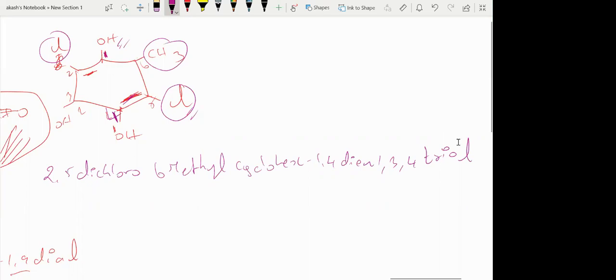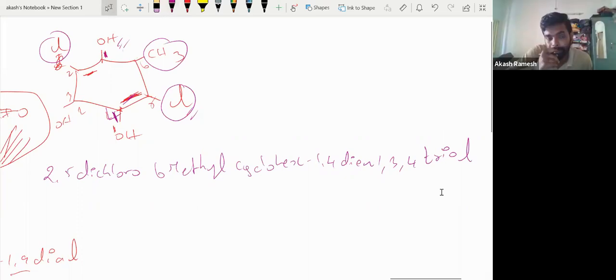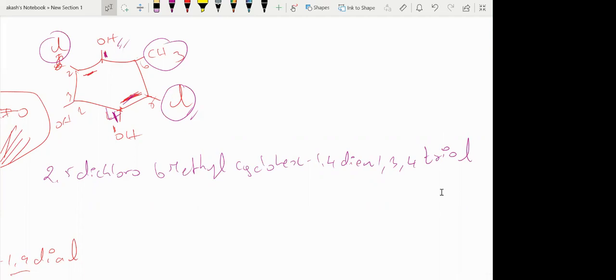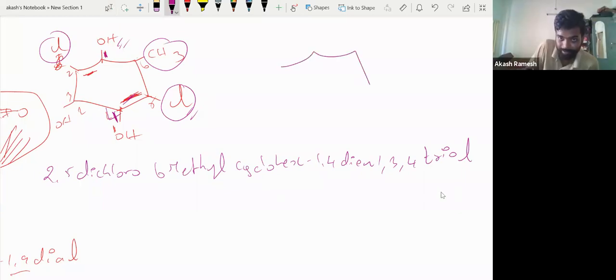Anybody else? Yeah, go on. Sir, is it the same in a triple bond? Like if we number 1 at one end, we have to number 2 at the other? Try this. If I have a cyclopentane ring, can I put a triple bond here? Is it even possible in the first place? Check it out. If you check this carbon, first bond, second, third, and fourth.